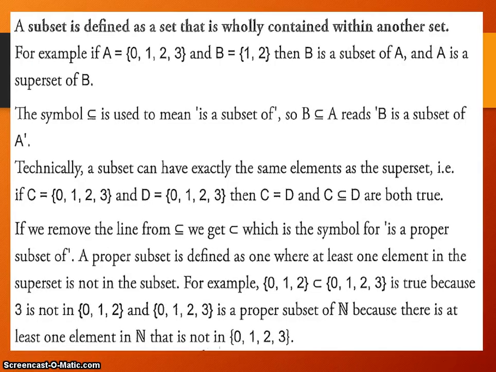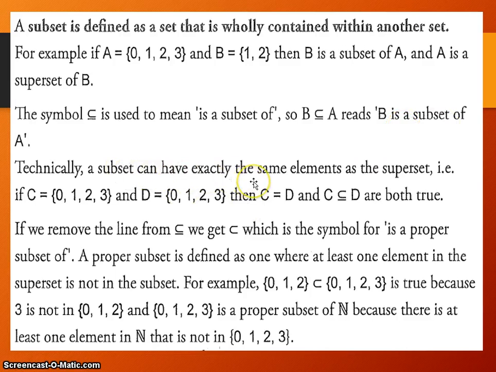So a subset is defined as a set that is wholly contained within another set. For example, you've got 0, 1, 2, 3 and you've got 1 and 2. Then B is a subset of A, and A is a superset of B. That symbol means a subset of. So B is a subset of A.